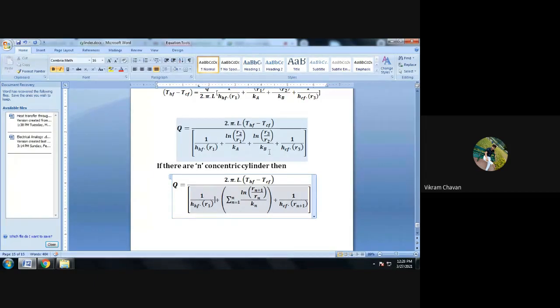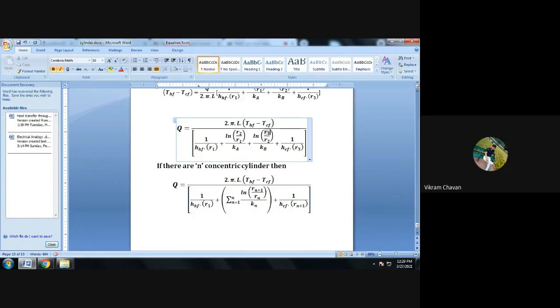If there are n terms, then the final radius matters. In case of two cylinders, the final radius is r3. If there are three cylinders, the final radius will be r4. If there are 5 cylinders, the final radius will be r6.